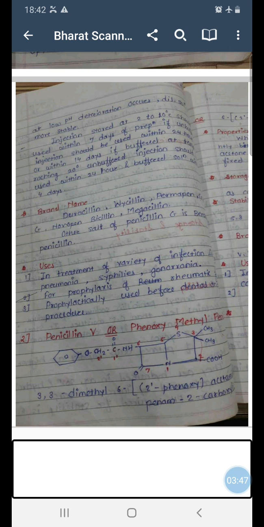Now the substituents in alphabetical order. First we will write 3,3-dimethyl, as two methyl groups are there. They are present at position 3. That's why 3,3-dimethyl, comma. Next substituent is at position 6. What do you have at position 6? You have an amino group to which a carbonyl group is attached, to which methyl is attached, to which oxy is attached, to which phenyl is attached.